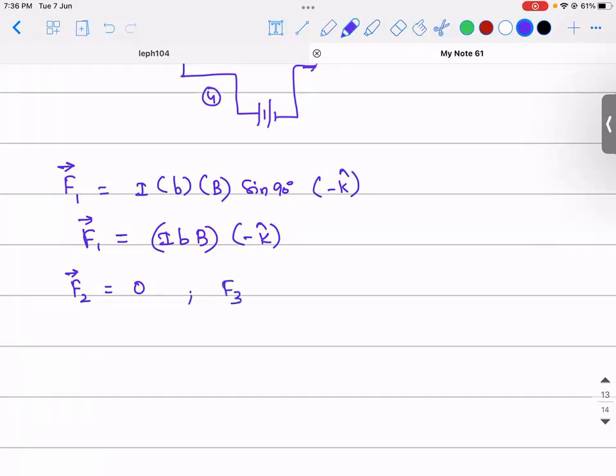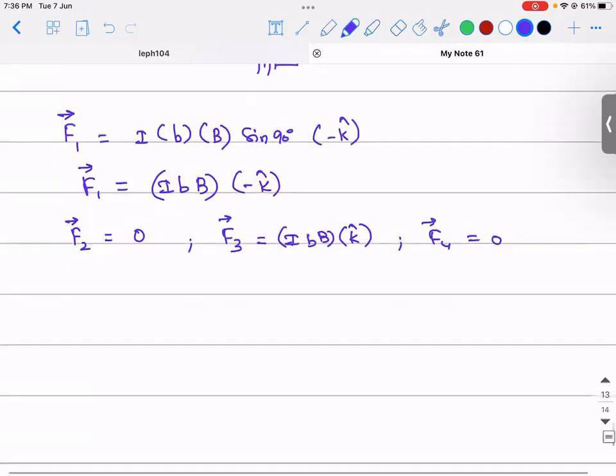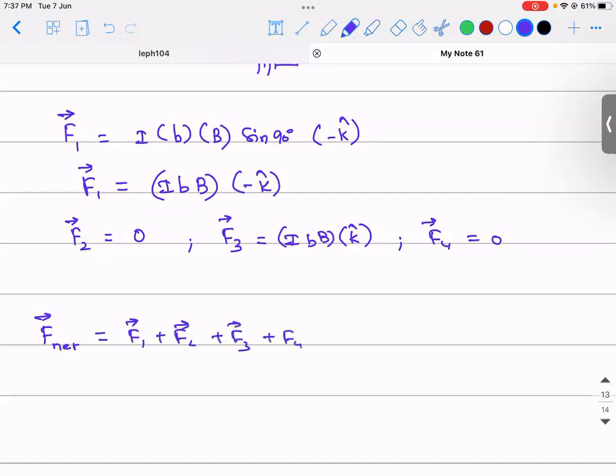Then what about F3 as a vector? It will be I, b, B in the direction of plus k cap. Then what about F4 vector? Again a 0 because angle is 180 degrees. So what is going to be the net force that is acting on the system? F1 vector plus F2 vector plus F3 vector plus F4 vector.